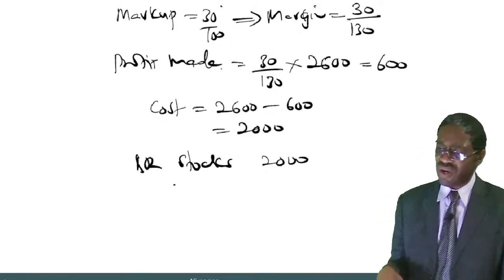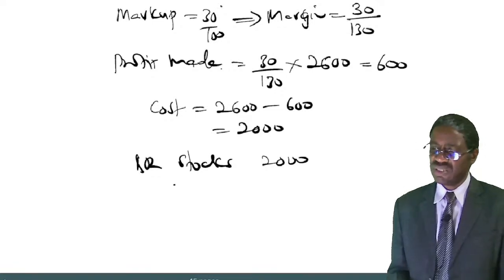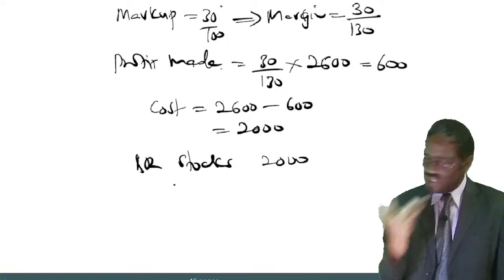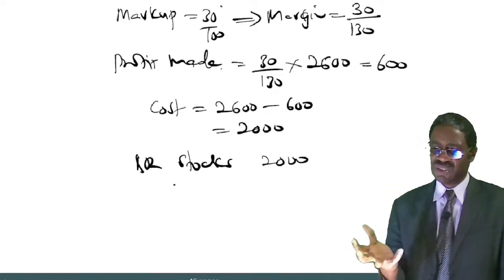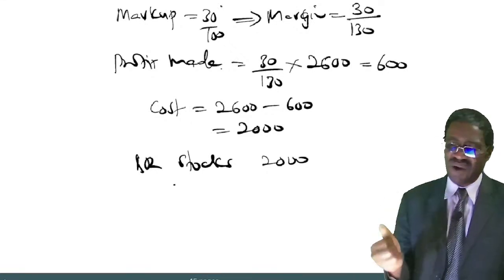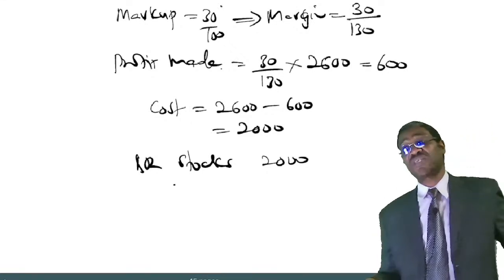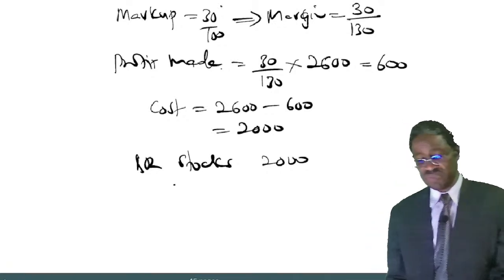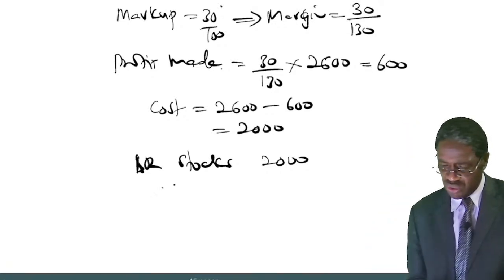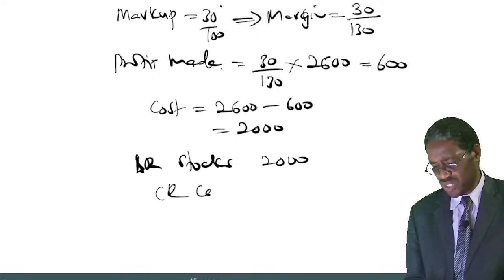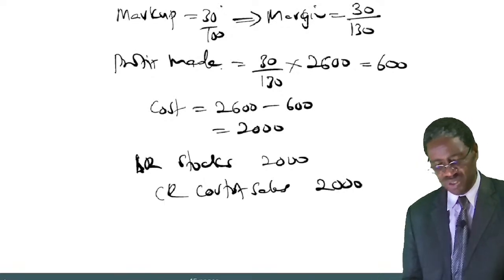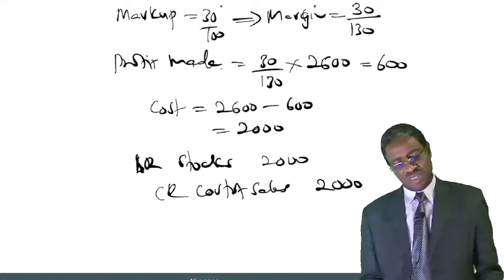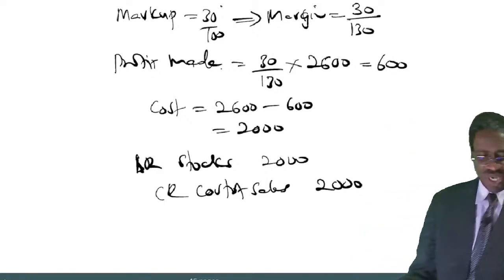So we need to reduce our cost of sales. Listen, any cost is always a debit. Cost of sales is a debit balance item. In fact, in the trial balance, it's always on the debit column. So we come and credit cost of sales. We are reducing our cost of sales by 2,000.